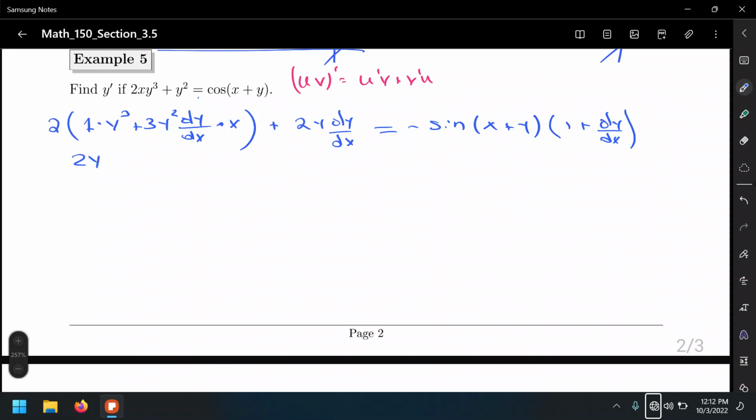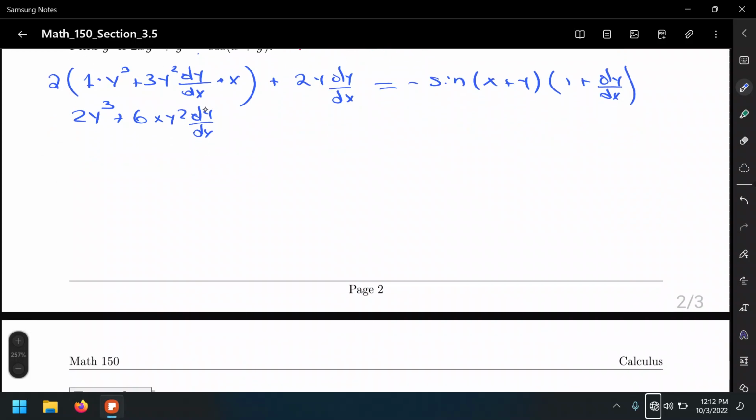This will be 2y cubed plus 2 times 3, which is 6xy squared dy dx, and plus 2y dy dx.